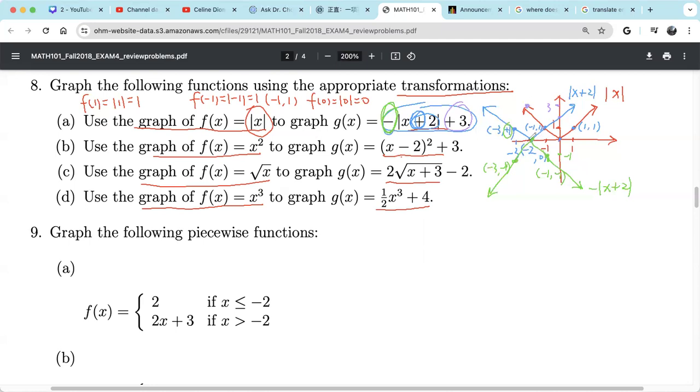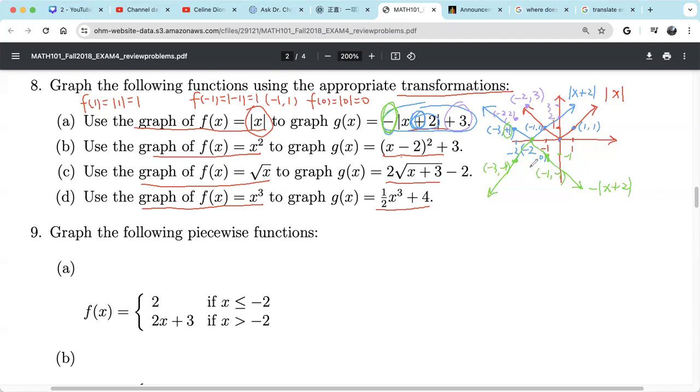Every point of the 3 points is pushed up 3 units. The x value doesn't change, but the y value is 3 now. This point is -3, -1. -1 plus 3 becomes 2. So this point now becomes -3, 2.